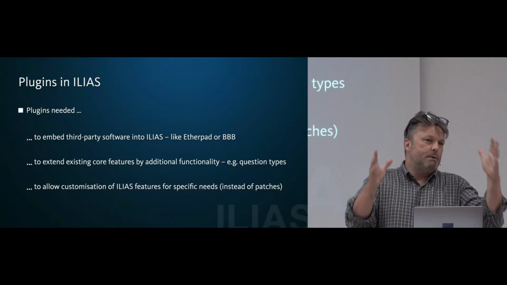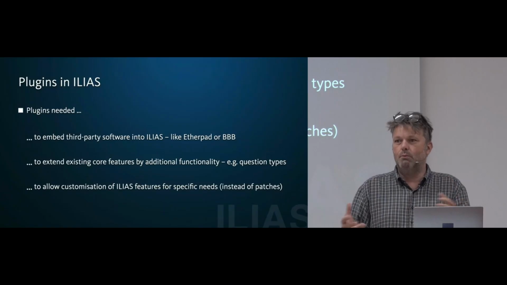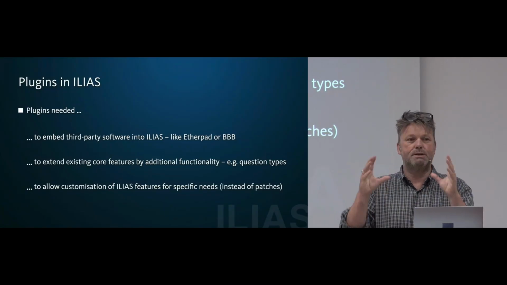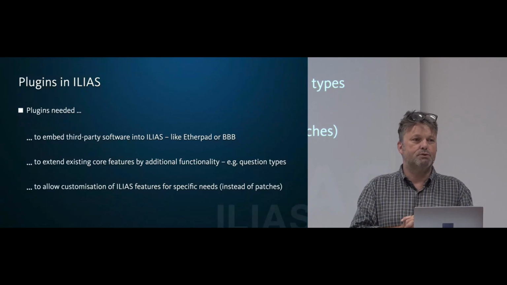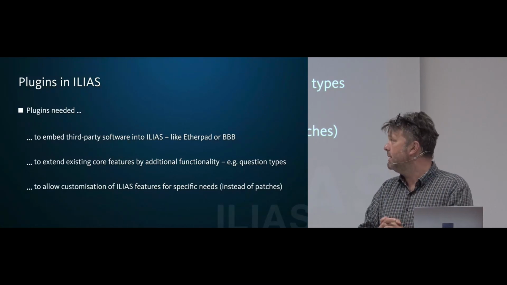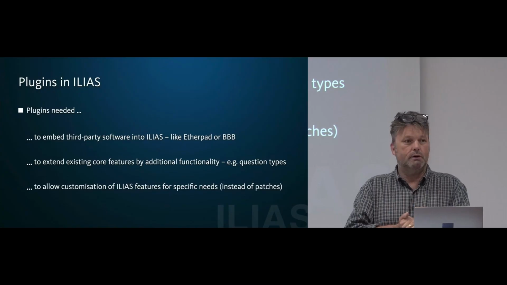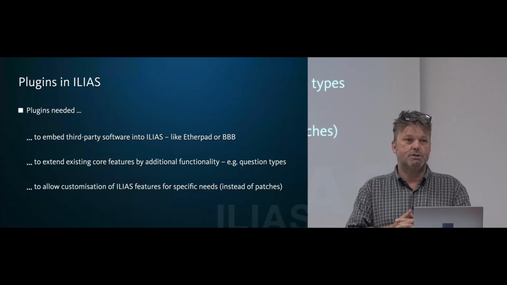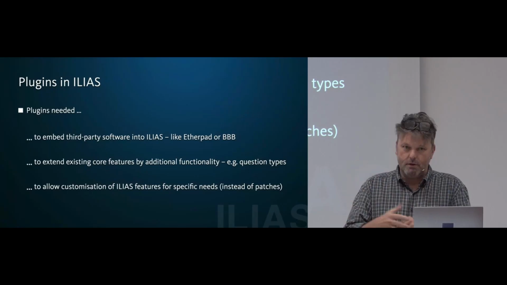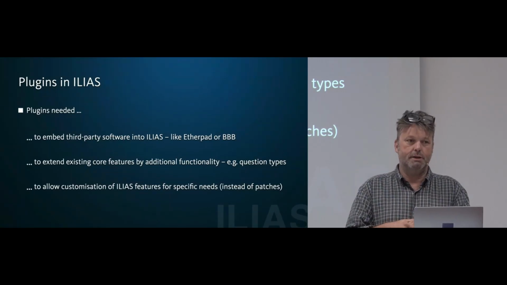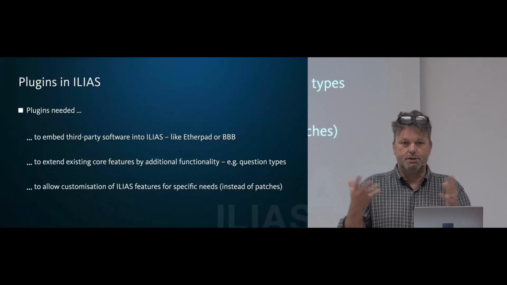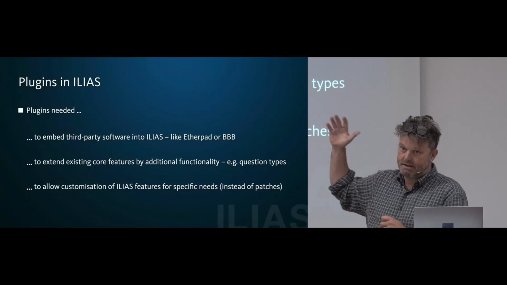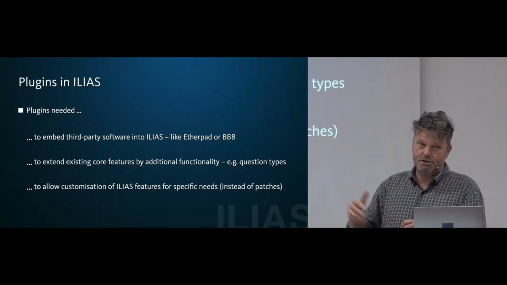But nevertheless, maybe some faculty or some department needs a specific question type to support teaching and training, which is not part of the core. Then you are able to create an additional test question type and provide it in your installation, and then those teachers and trainers can use it. So this is another option to extend existing functionality by plugins.